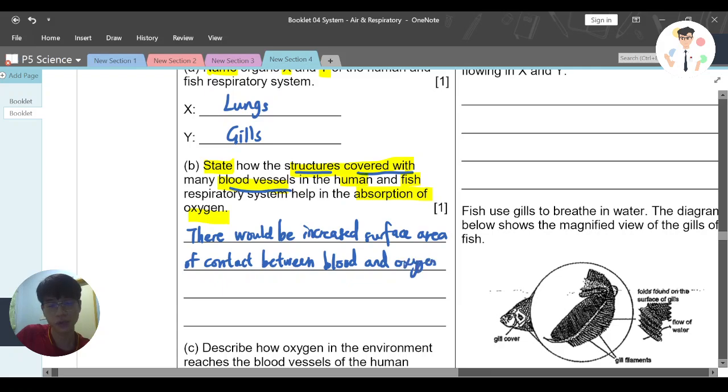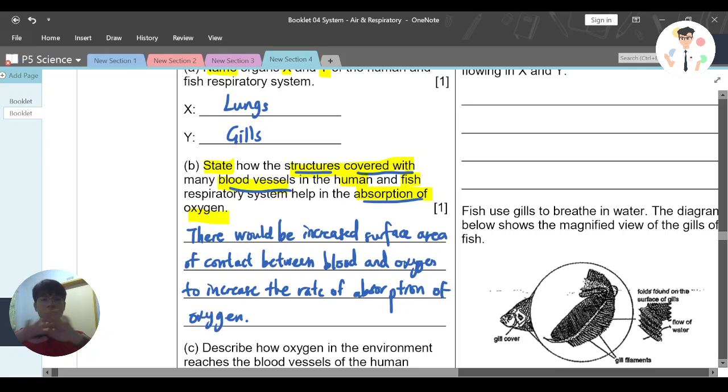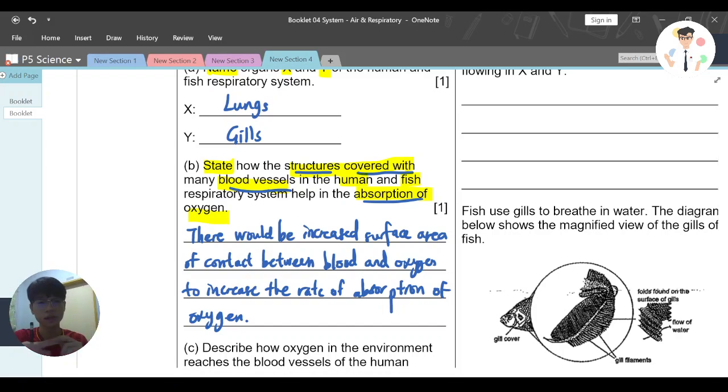The increased surface area is a very important phrase here. The oxygen is supposed to travel to the blood and be carried by the blood to the other parts of the body, to increase the rate of absorption of oxygen. Since the question uses the word absorption of oxygen, we can use it back. When there is increased surface area between the blood and oxygen, it will be faster, compared to one person working versus ten people working at the same time. That will be faster.